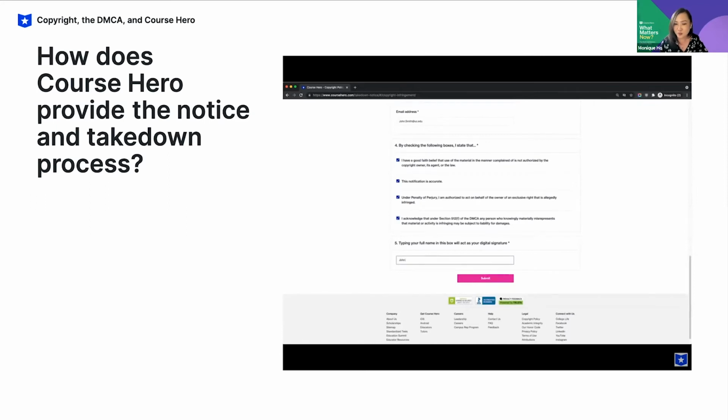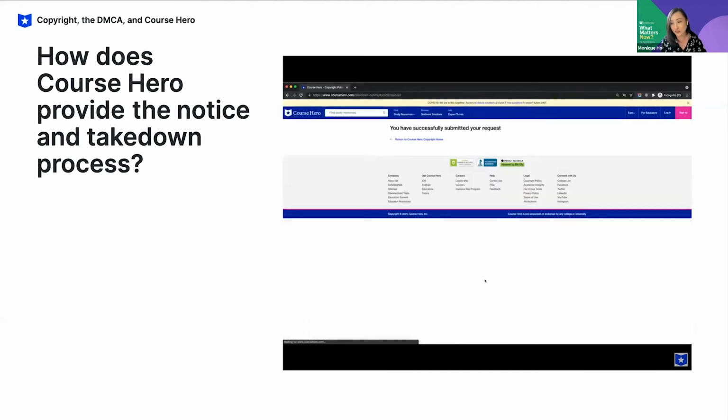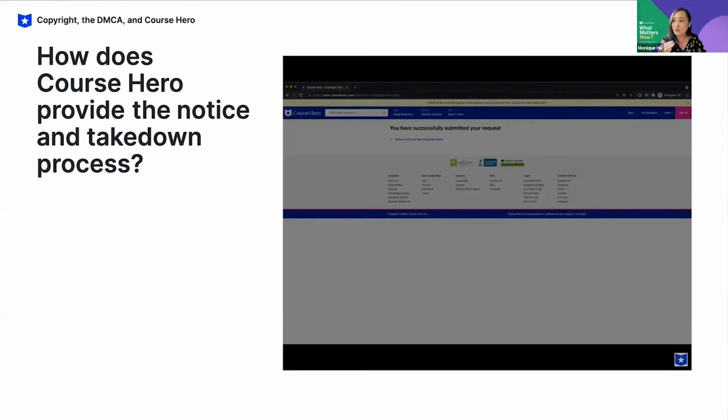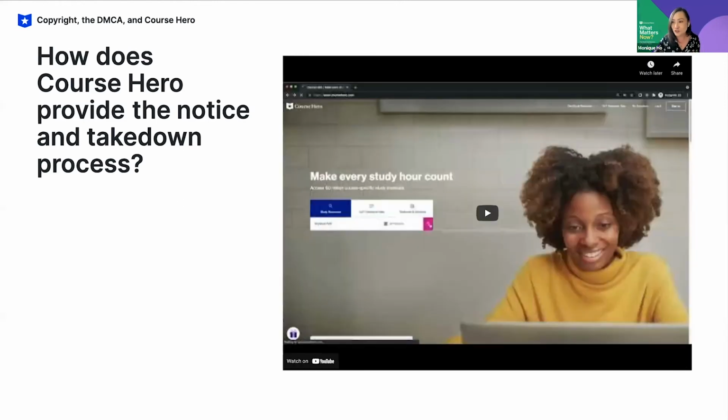You check a couple of other boxes that tell us that you are indeed the copyright holder and that this was filled out in good faith, because we actually do get people fill out information like this fraudulently. You submit your request, and then it goes into our queue. Your part is done for the moment.